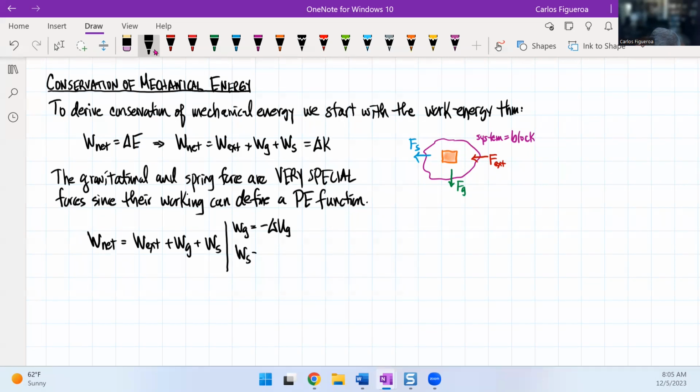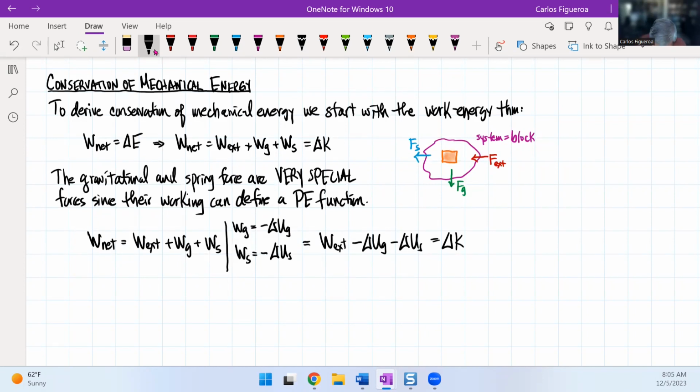The work of the spring is the negative change of the spring potential. So when I write this in, I have the external work minus the change in gravity, minus the change in the spring, and this has to equal the change in kinetic energy.